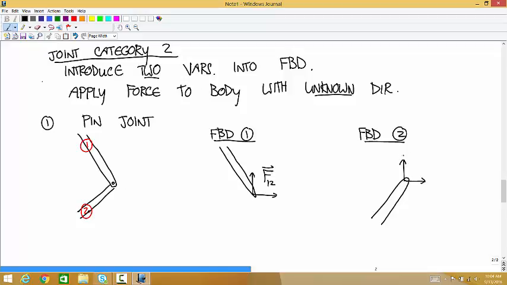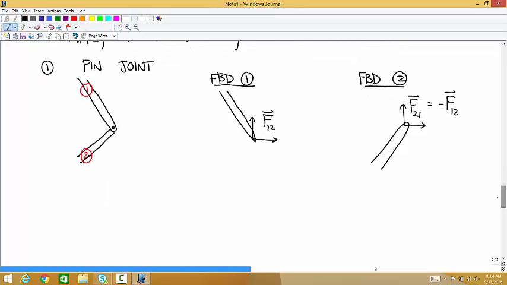The force applied to body 2 is the force on 2 by 1, and Newton's third law says that's equal to negative F12. Any questions about that one?